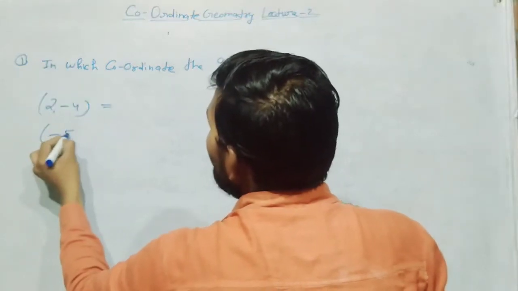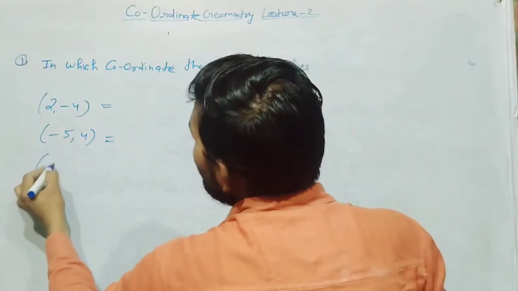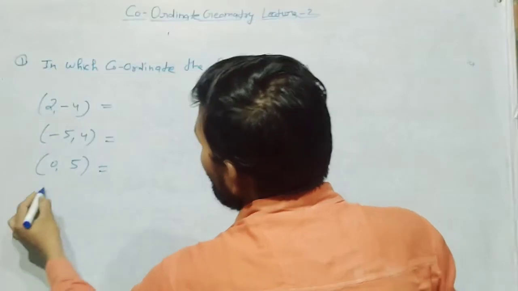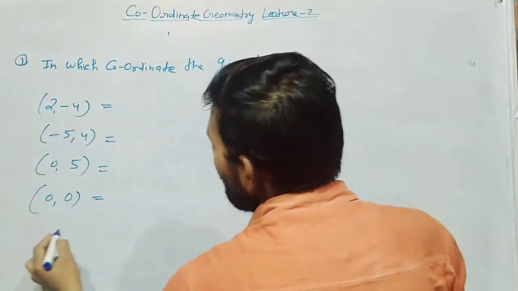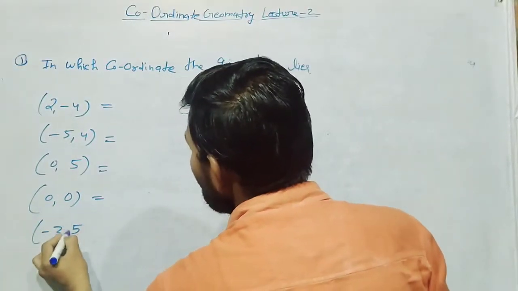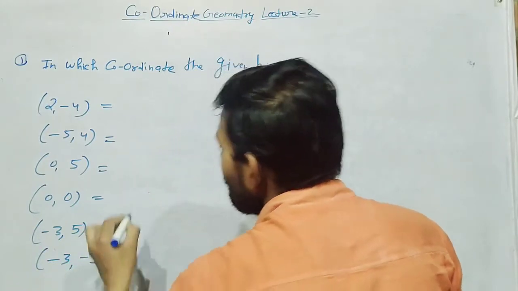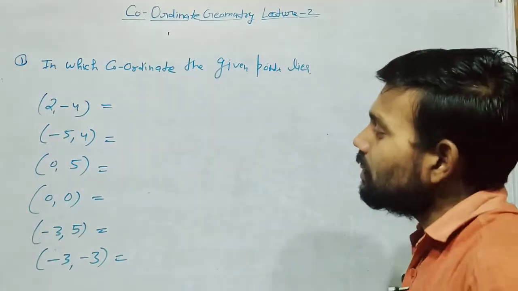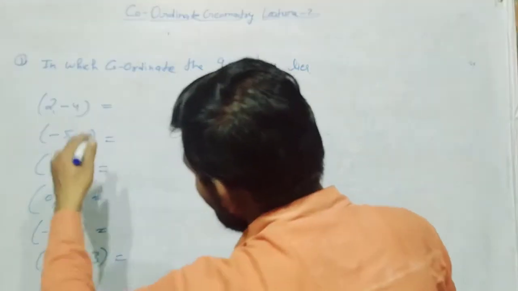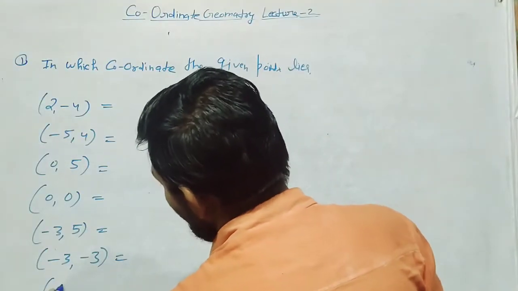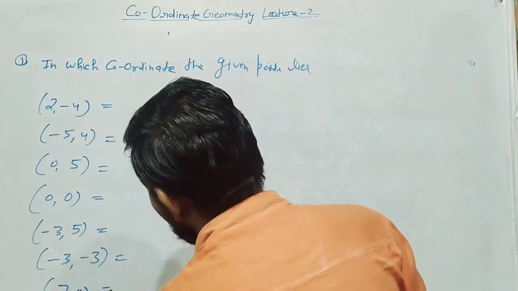Second is (-5, 4). Third is (0, 5). Fourth is (0, 0). Fifth is (-3, 5). Next is (-3, -3). And next we have (7, 0). We have to identify these.